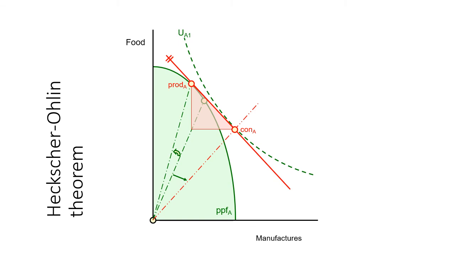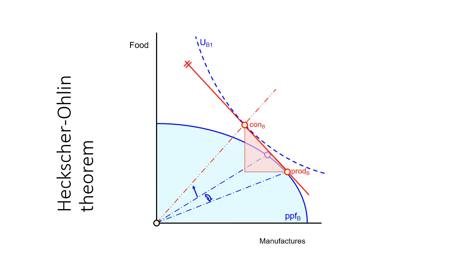So now we're going to move to the analysis and break it down for country B. For country B, we find that the ratio of prices is more under free trade than it had been under autarky.